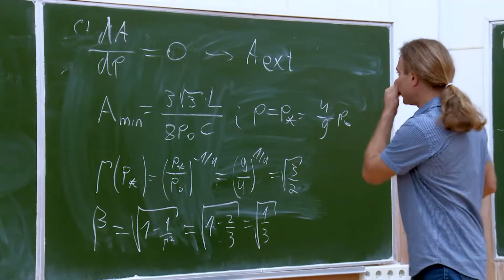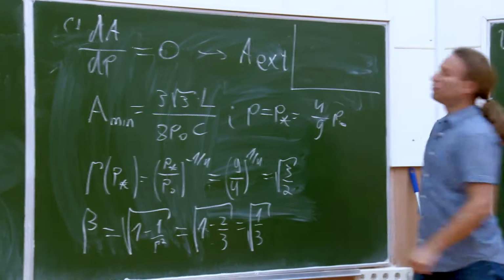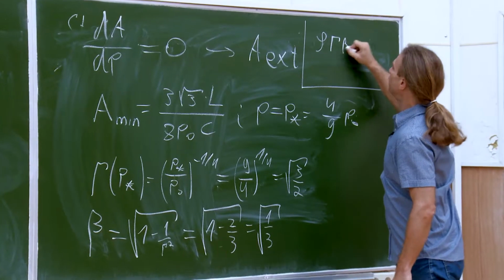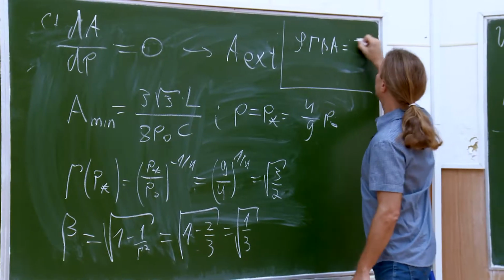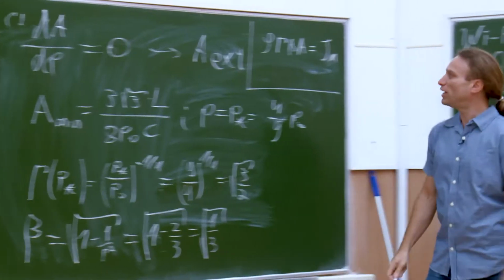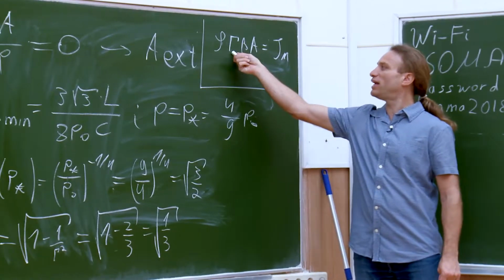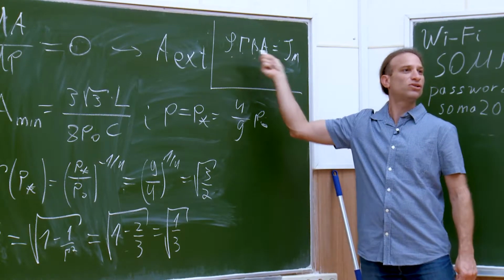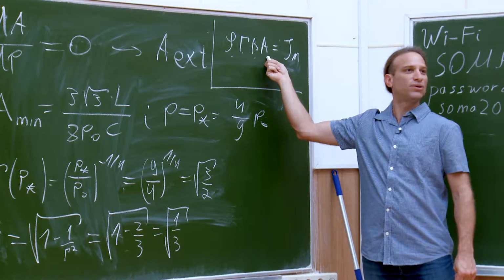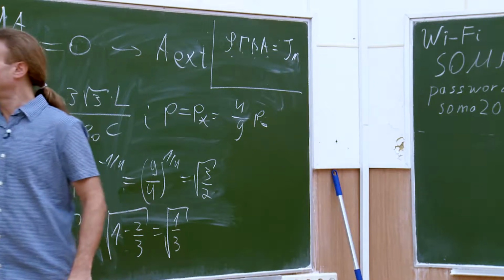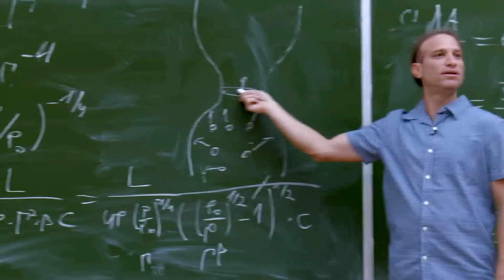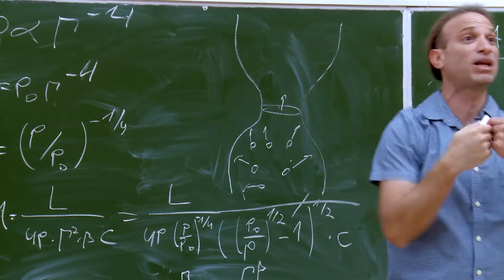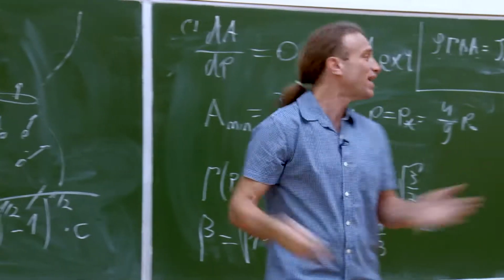So remember that in the mass conservation equation, I had rho, gamma, beta, A, and this is equal to a constant. Initially gamma is increasing, beta is increasing, and rho is increasing, so A is decreasing. This is what happens here. When I pass this sonic point, beta no longer changes mostly, because beta is becoming closer and closer to 1, so I cannot change that anymore.